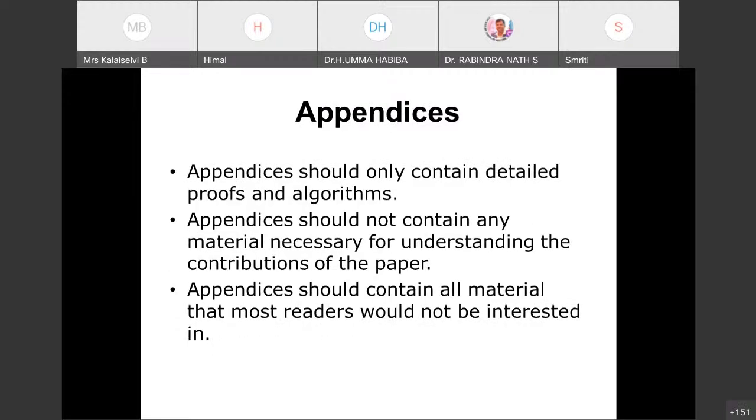Appendices are also put at the end, because sometimes you have lengthy mathematical derivations which you don't want to put in the main body because it distracts others, right? So you can put them in appendices, so that whoever is interested in finding how he or she got this result can refer to the appendices, right?